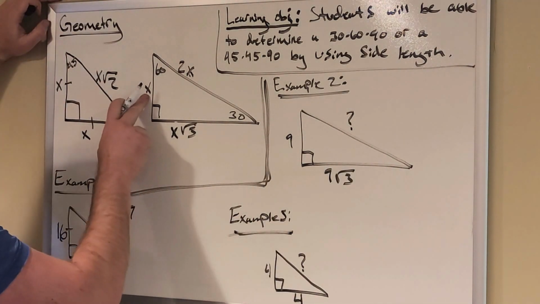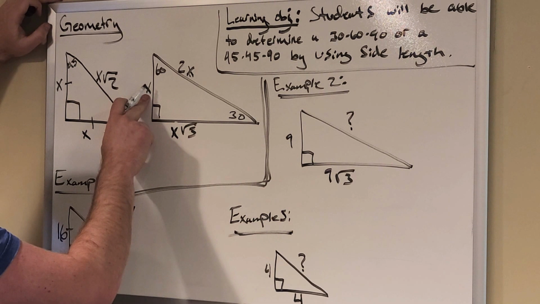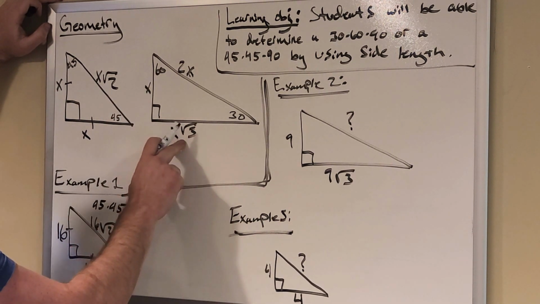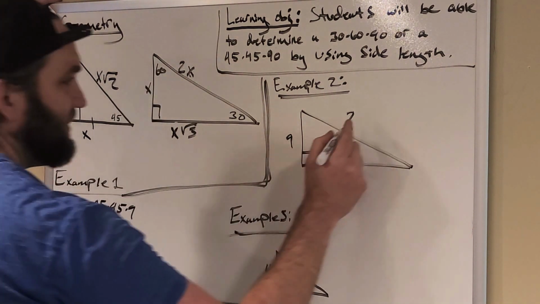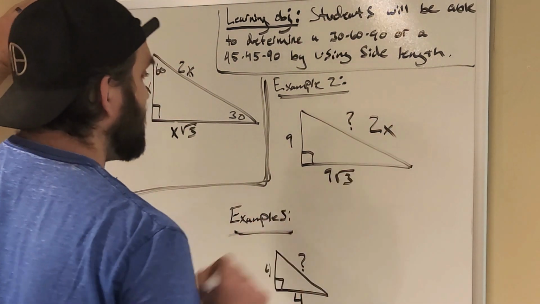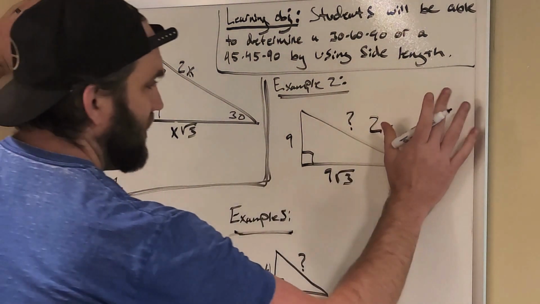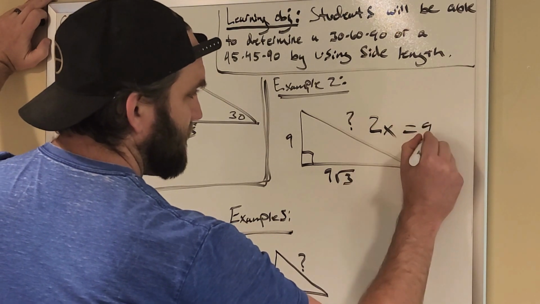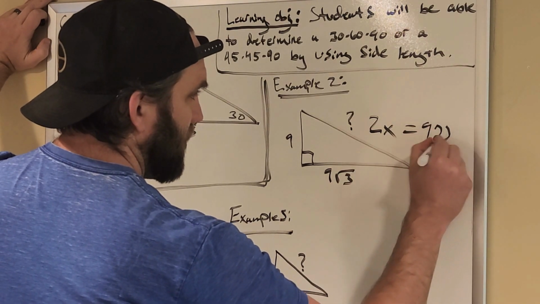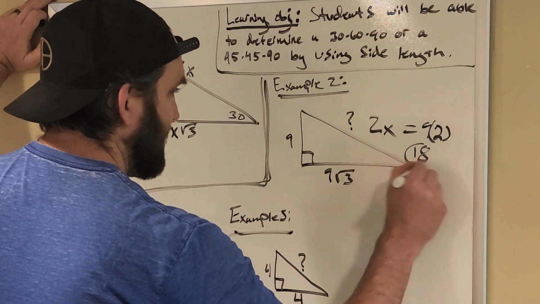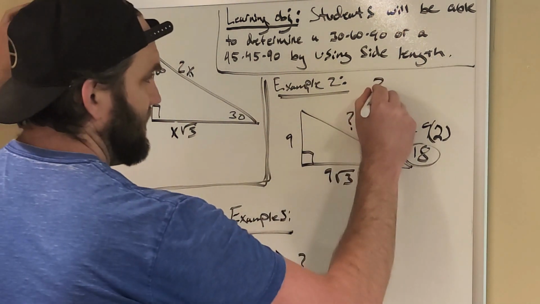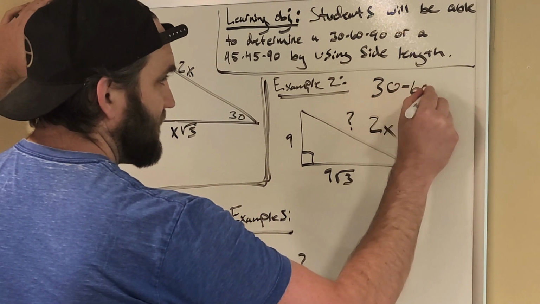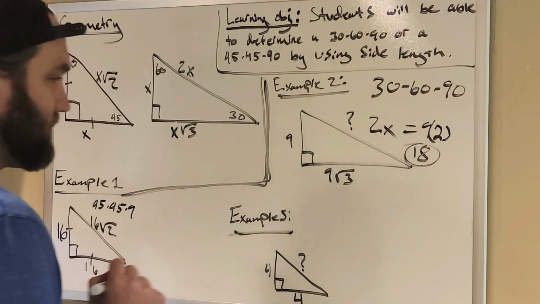But I have my 9, which would be my x, and then my 9 square root 3, which would be my x square root 3, which means that this has to be 2x, or 2 times 9, which gives me 18. All right, that makes this triangle a 30, 60, 90.